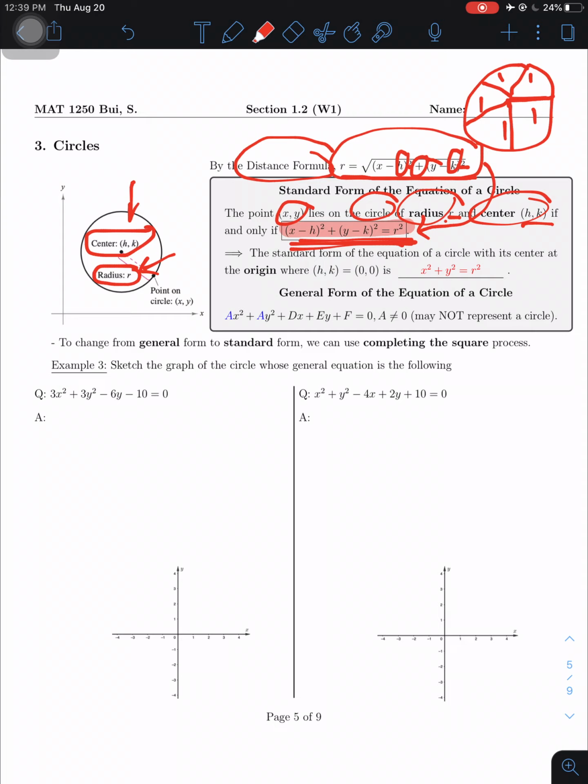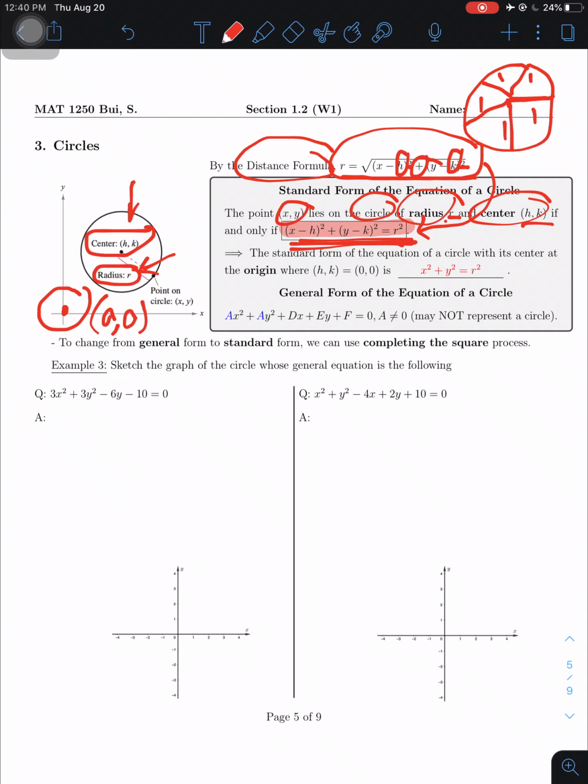It's really important. And just imagine if your center is not in the middle of the graph. If your circle is right here, in the middle of the xy axis, and the center lies exactly at the origin, then the center h and k would be 0, 0.